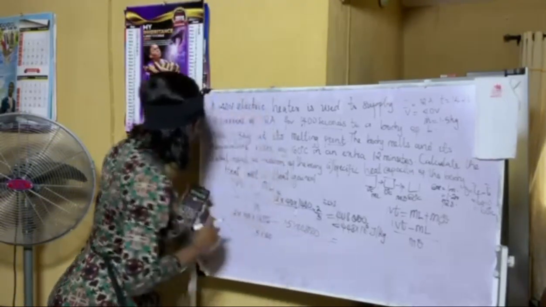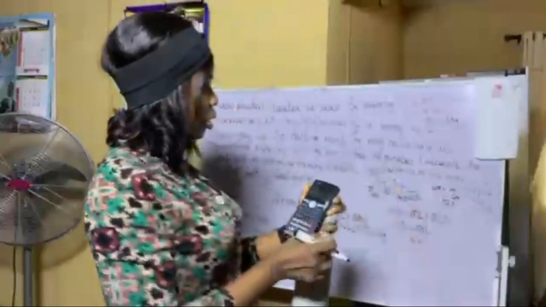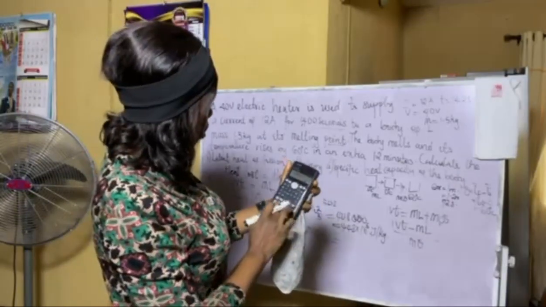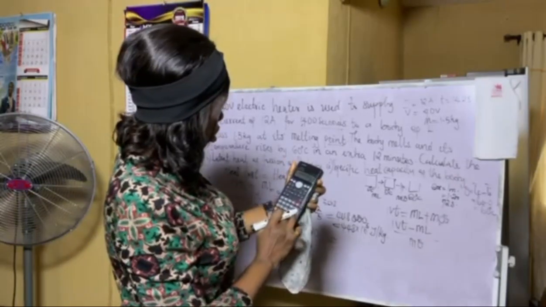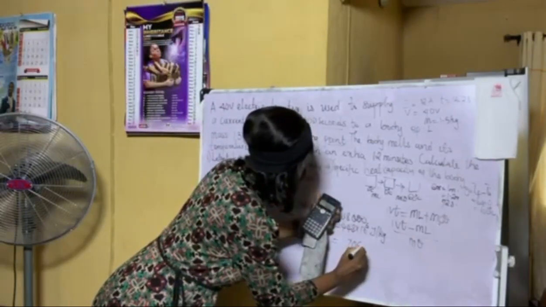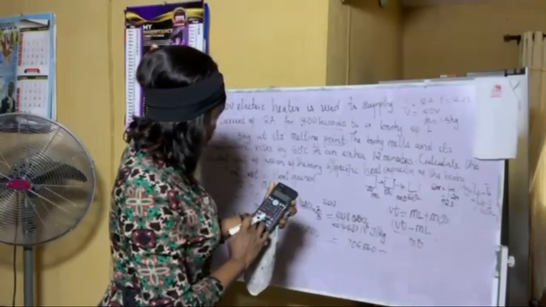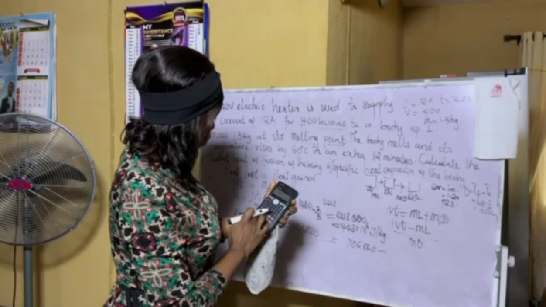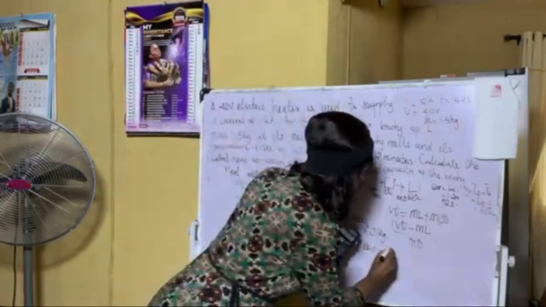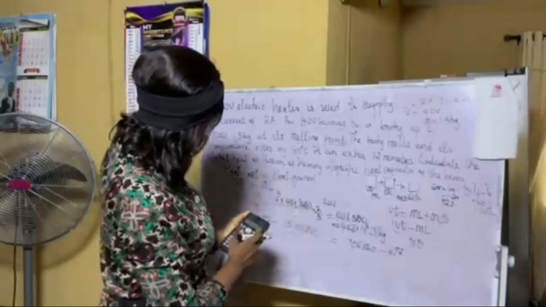So let's see if our calculator will work. We have 12 times 40 times 1,472, yes, so we have 706,560 minus 1.5 times 448,000.